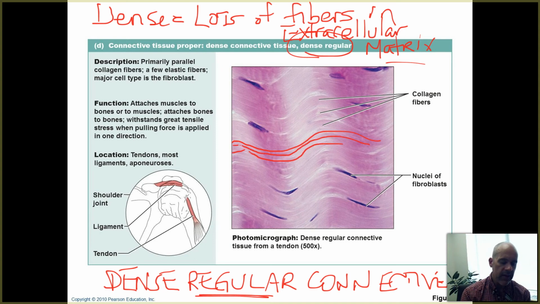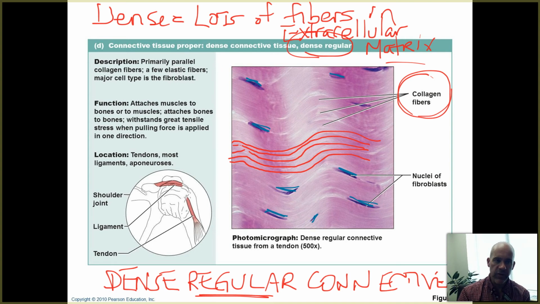So this is an image of an actual dense regular connective tissue if you were looking at it under the microscope. And all the pink swirly wavy stuff you see there, those collagen fibers take up this pink dye so they appear pink on the image. Those are collagen fibers. And where you're seeing purple, like right there and right there, that's the nucleus. Each of those is the nucleus of a fibroblast.